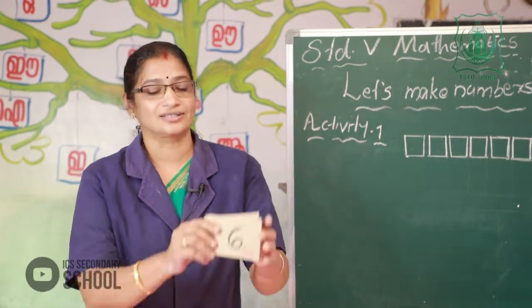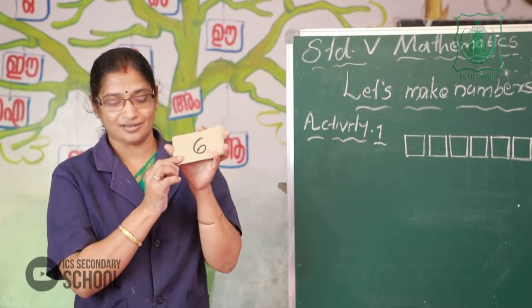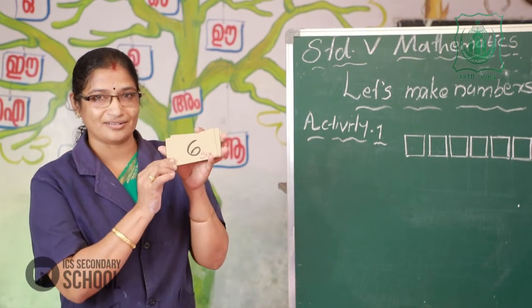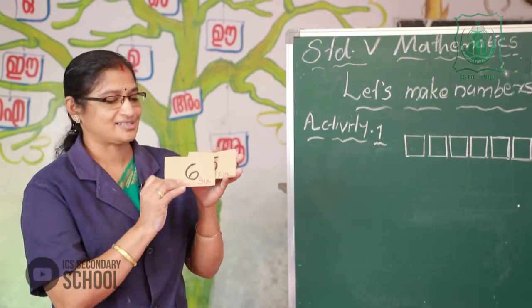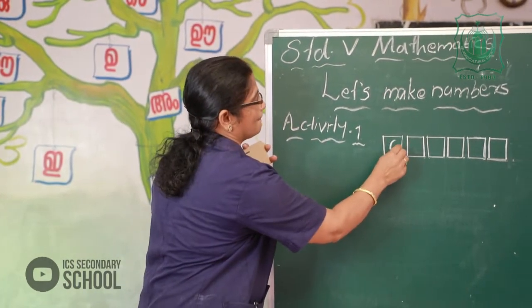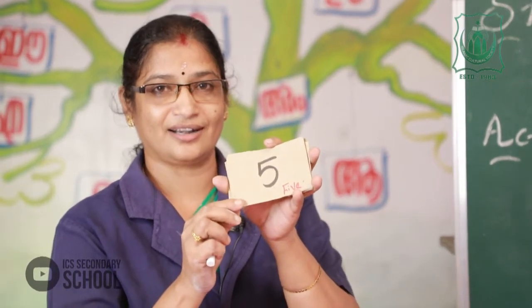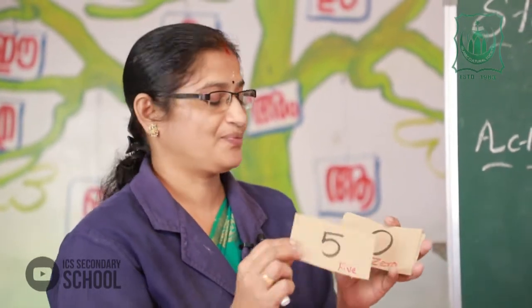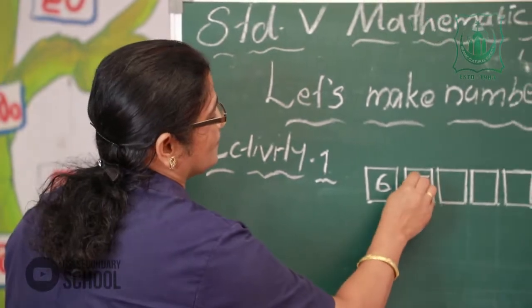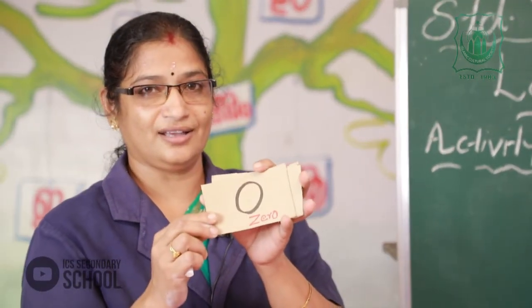These are some cards. Read this number. 6. Yes, 6. Next number, read 5. Okay. Next, 0.